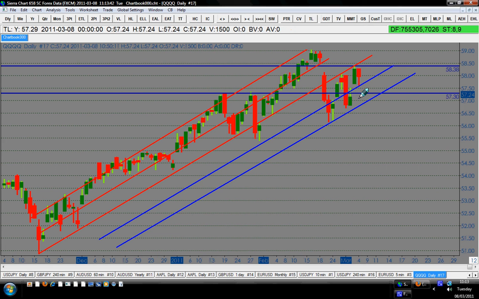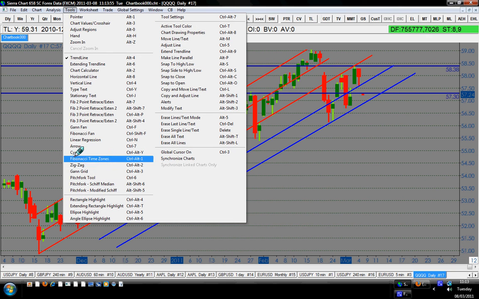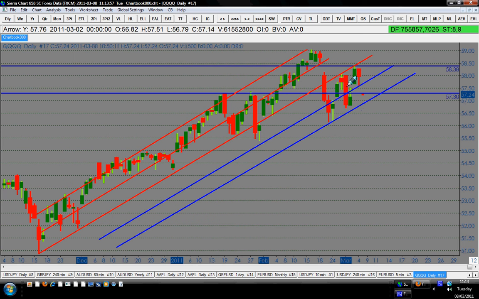Now another way to do this, because you see this horizontal line here, the one here is at the level of 5730, and I want to point out one key level also here on this chart. Okay, now I want you to pay attention to this zone here. You see the end here, this area here.